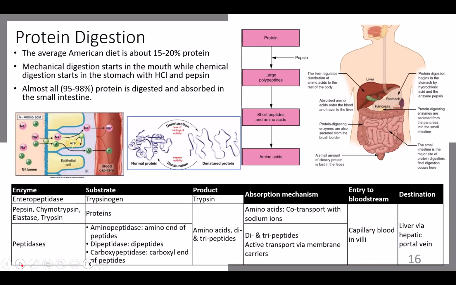Next one is protein digestion and absorption. Again, in the stomach and in the small intestine, you've got a variety of enzymes that help to digest proteins.